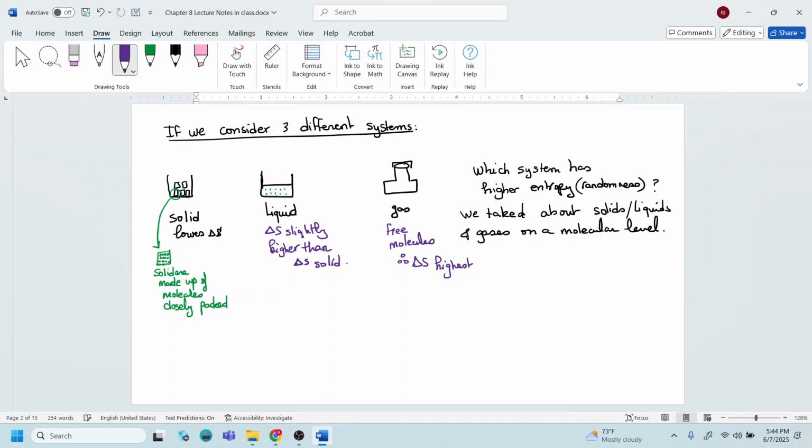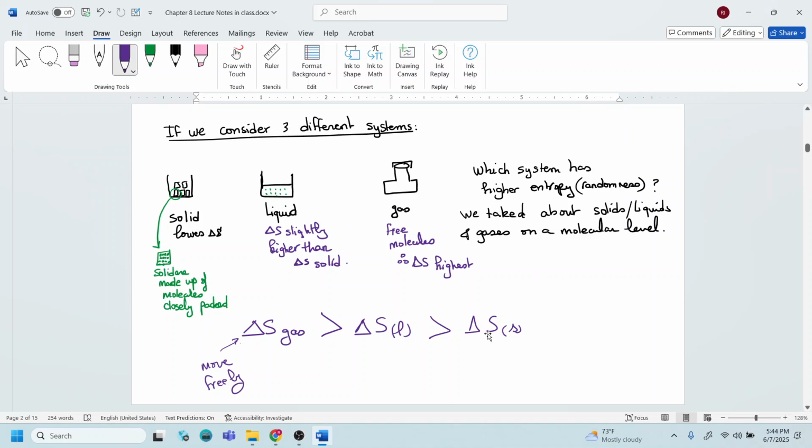So if we want to put the order of the entropies for these three physical states of matter, then I would say that delta S of the gas is the highest, because molecules are far away from each other, and they move freely, compared to the entropy of the liquid, compared to the entropy of the solid.